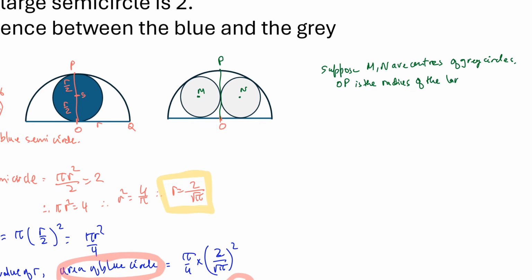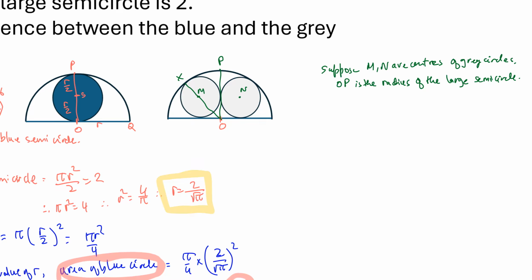Then I can draw a line from O passing through the center, suppose it's OX.